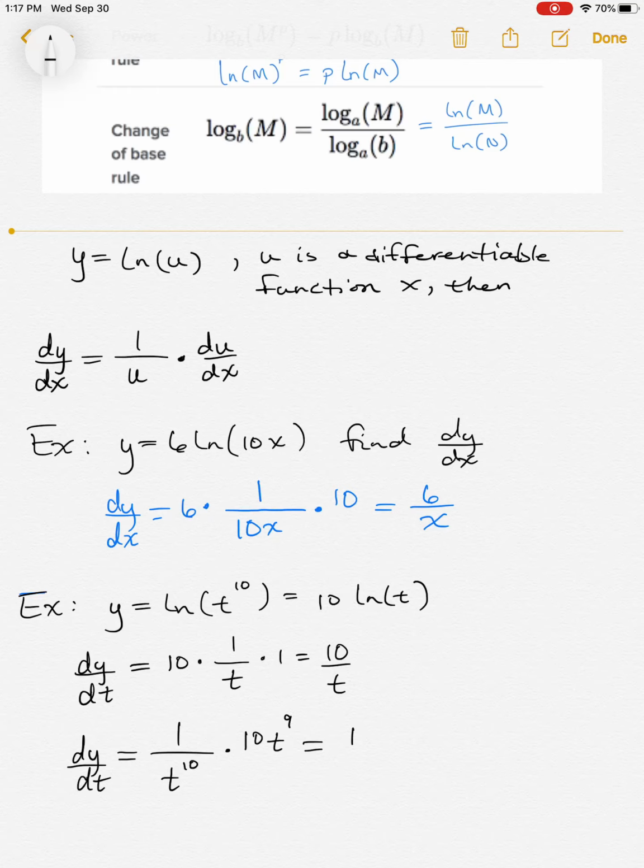That will give us 10t to the 9th over t to the 10th, which simplifies to 10 over t. Whichever one floats your boat, but I hope you can see how knowing these properties will start to save you some time, and as we progress, you're going to see that it's going to save you a tremendous amount of time.